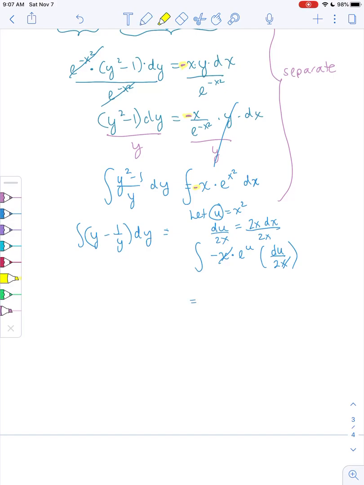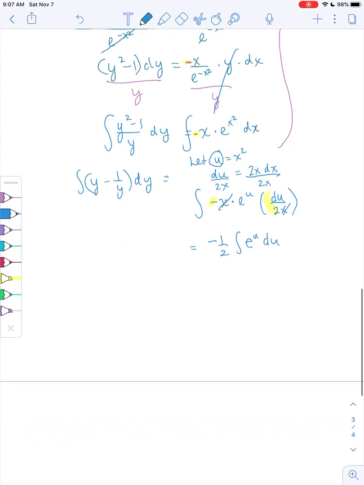So let's keep going. This is going to be equal to, I have a 1/2 right here that I'm going to bring out front. So 1/2 along with this negative is going to yield negative 1/2 out front, times the integral of e to the u du, which is nice and simple to do now.